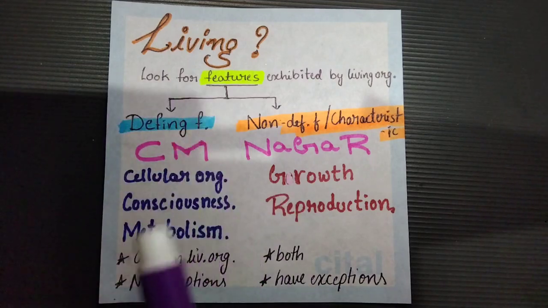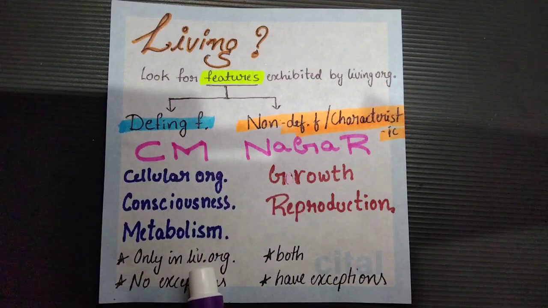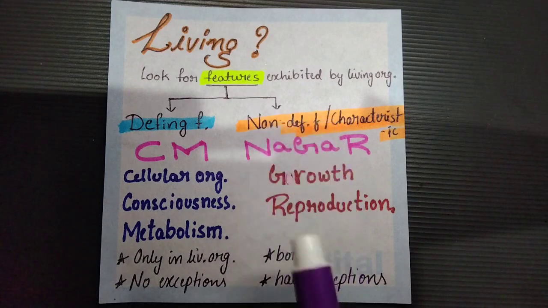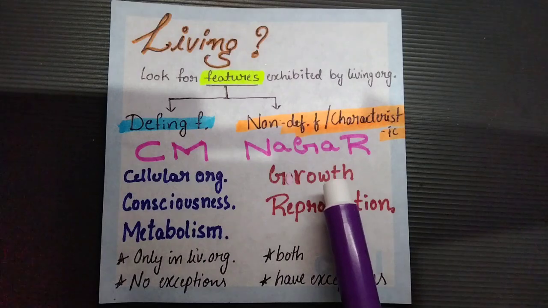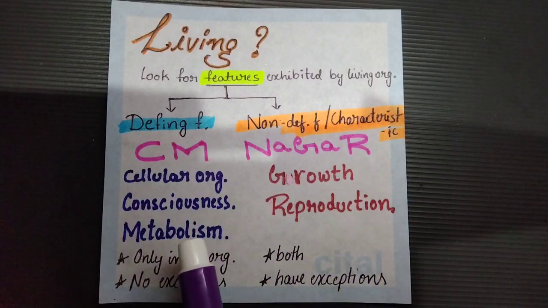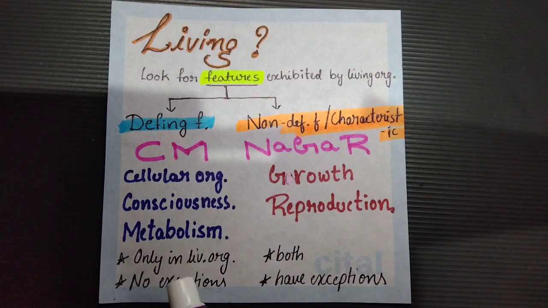Defining properties are present only in living organisms, whereas non-defining properties, yes, they are present in living organisms, but sometimes they may be present in non-living things also. Example, growth. Growth is present in both living and non-living. Next, defining properties are present in all living organisms without exceptions. There is no exception.